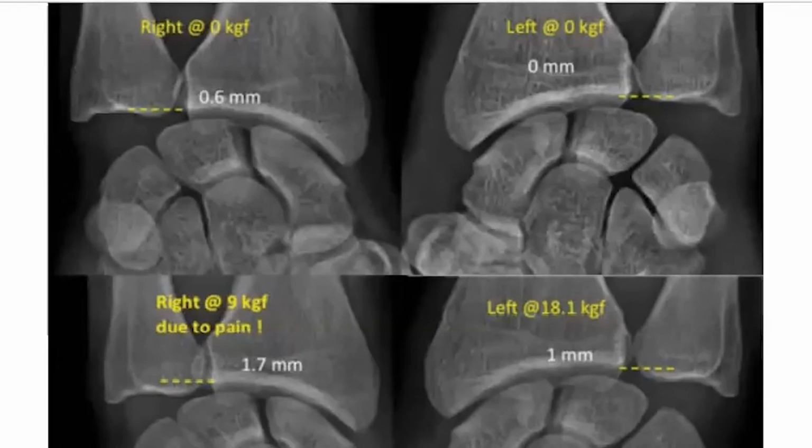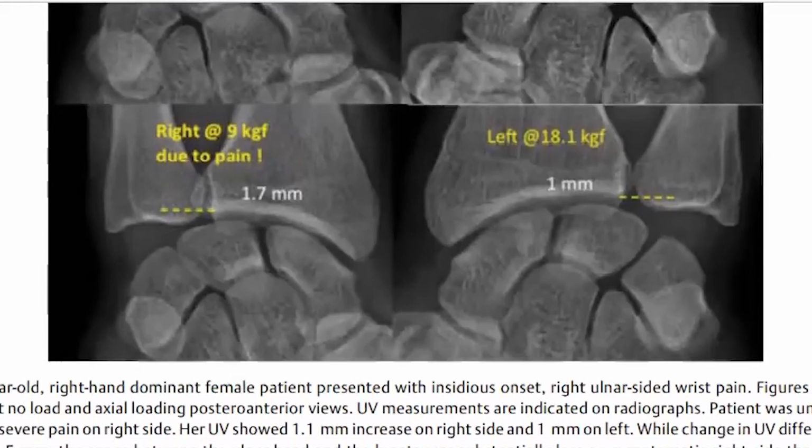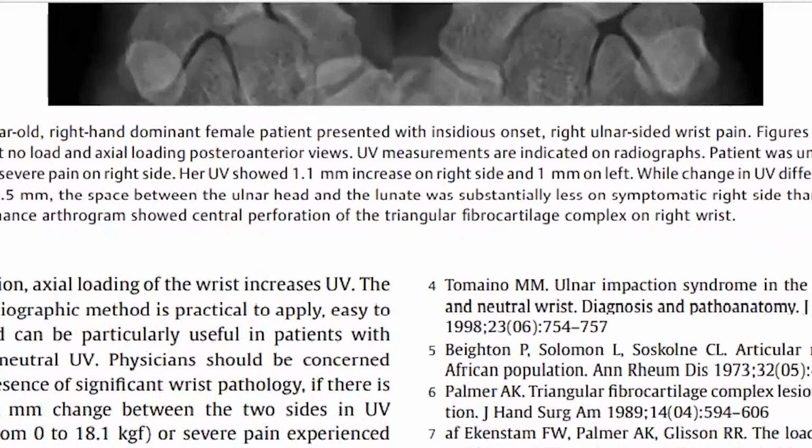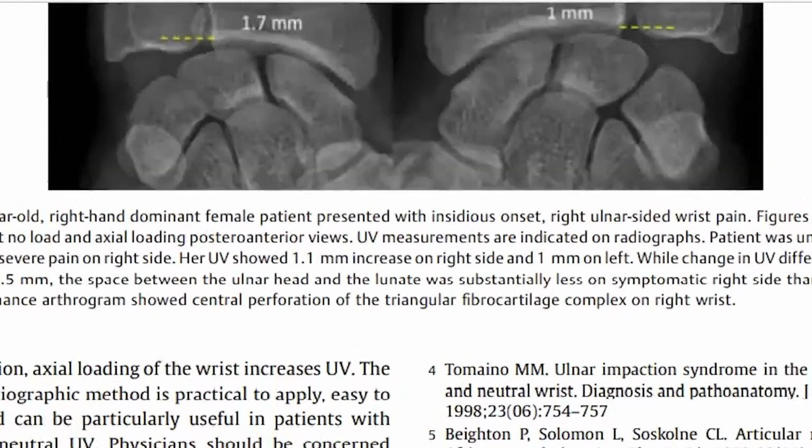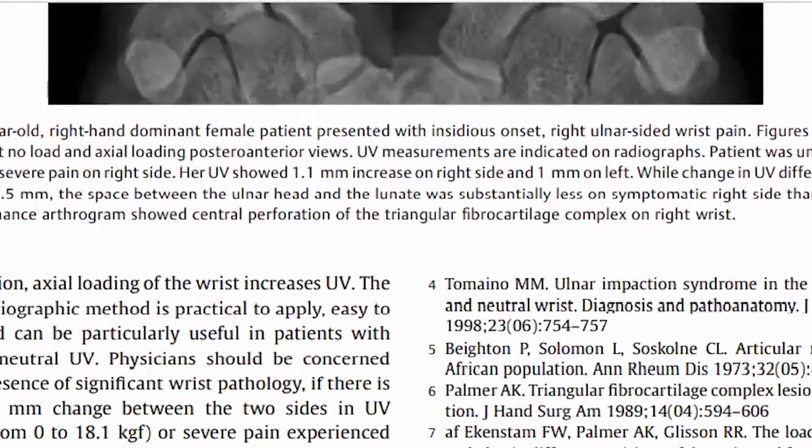And obviously, you went through the study and gave us a bit of a summary of what they did and what they looked at. What were their findings? What is the relevance of this? Taking a look at ulnar variance, this is a big deal. Ulnar variance increases with load. Axial load increases ulnar variance.